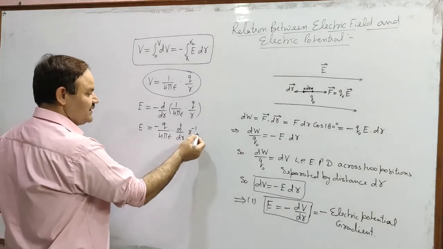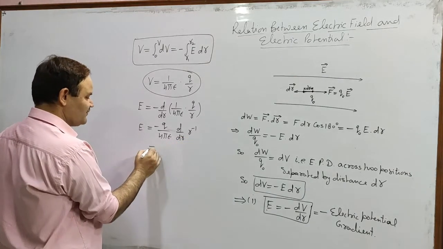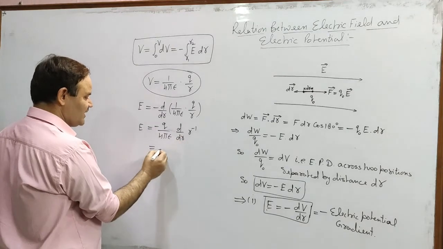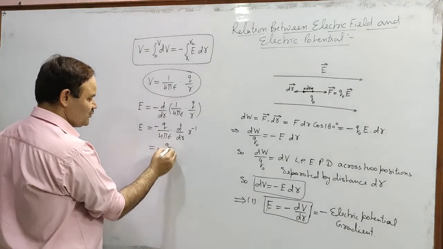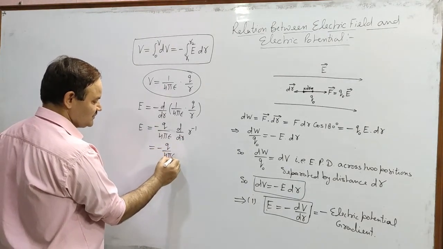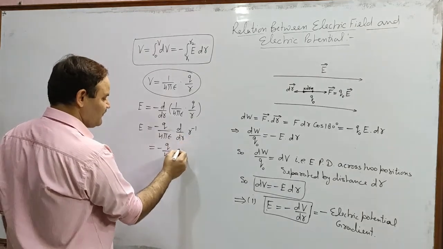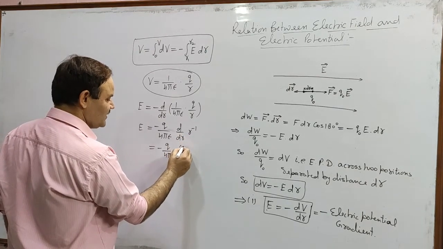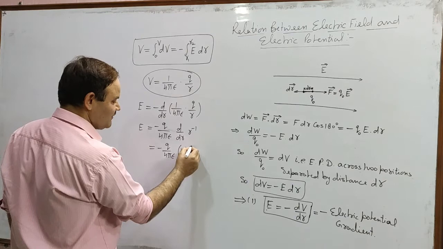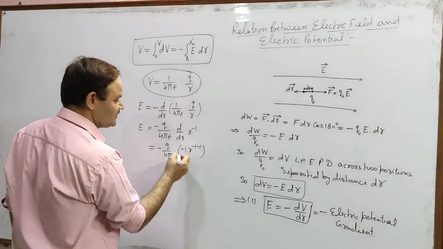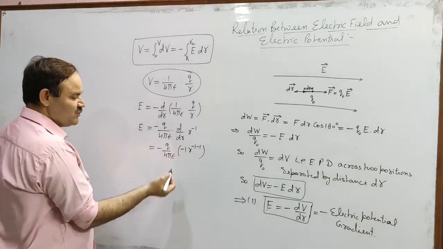And differentiation of r to the power minus 1 will be minus 1 upon r square, so minus Q by 4 pi epsilon d by dr of r to the power minus 1, that is minus 1 upon r square.